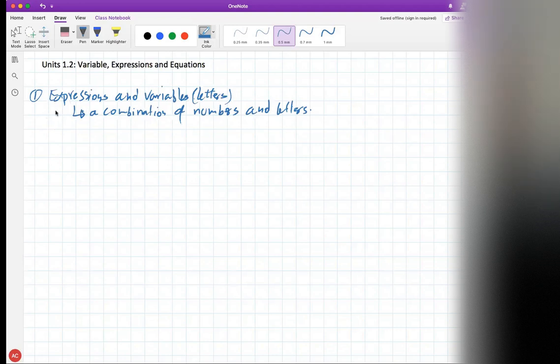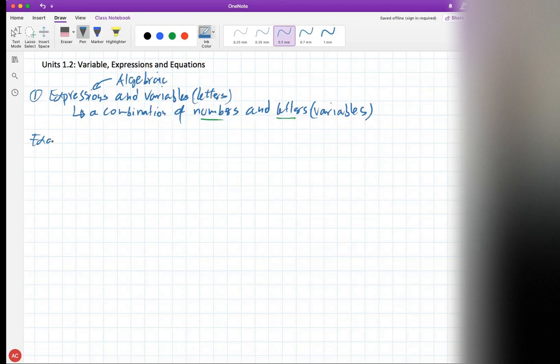It's also called an algebraic expression, not just an expression, algebraic. Okay, so an algebraic expression is, again, the short answer is numbers and letters together. X's and Y's with some numbers together, they make an expression. Again, another word for letters is variables. We'll see why we call them that in a moment.